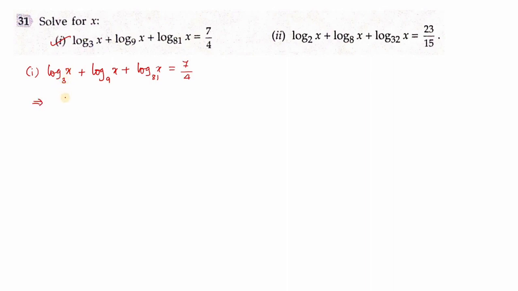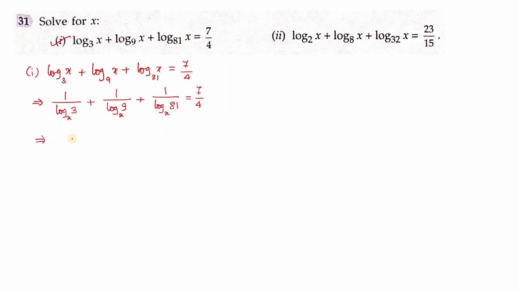So we can exchange these. So this becomes 1 by log 3 at the base x plus this becomes 1 by log 9 at the base x plus similarly 1 by log 81 at the base x is equal to 7 by 4.